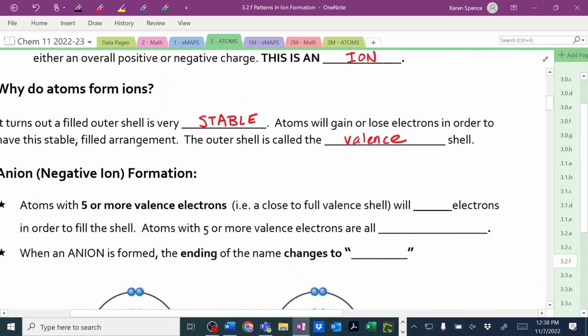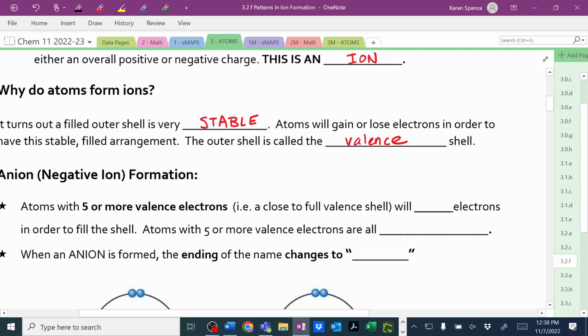Atoms with 5 or more electrons close to a valence shell, full shell, are they going to gain or lose electrons? They will gain electrons. Atoms with 5 or more valence electrons are all nonmetals.